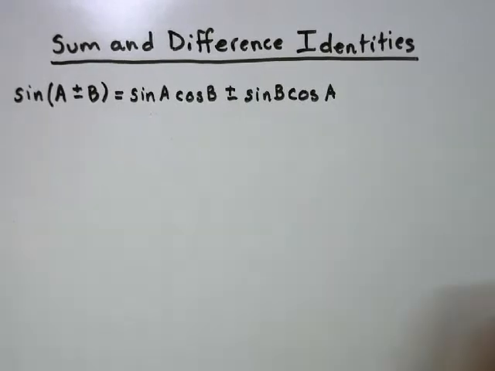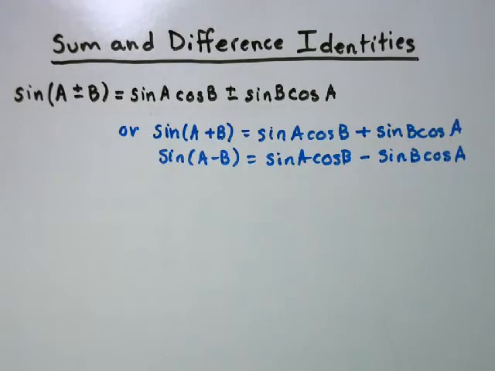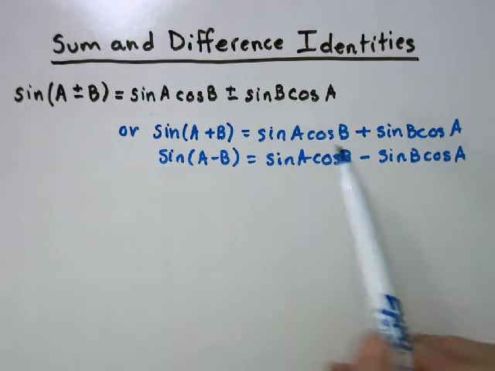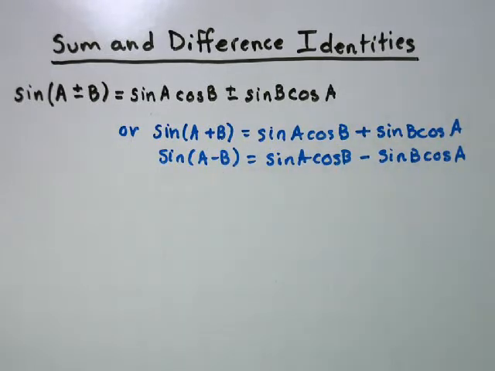This is one way to write it, or we can write them separate. So you can combine it plus, minus, or you can write them as separate plus, minus, minus.